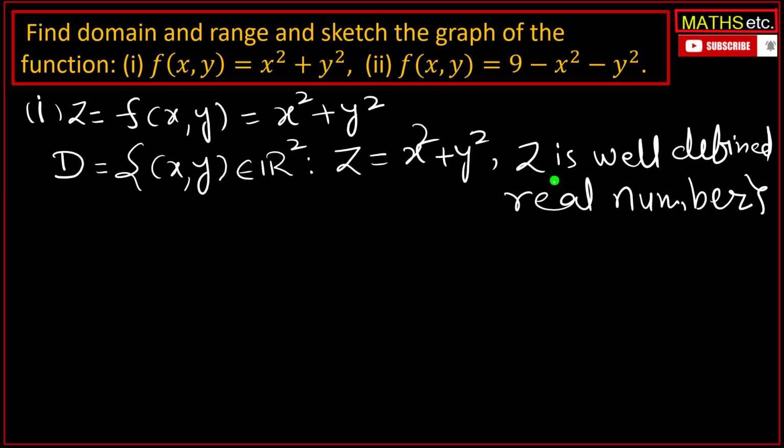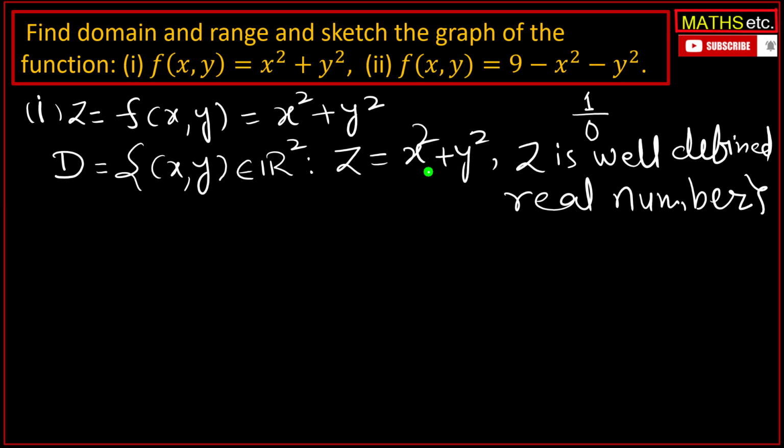So what does it mean for z to be a well-defined number? We should take x and y in such a manner that it does not violate any fundamental rules of mathematics. For example, in mathematics 1 over 0 is not defined, right?